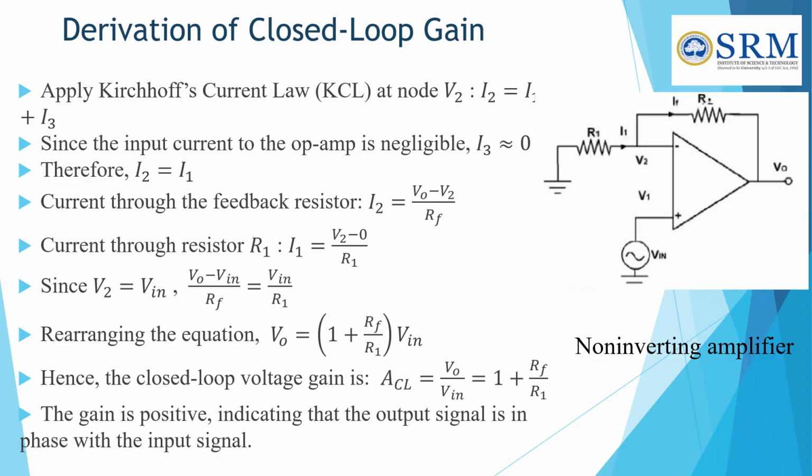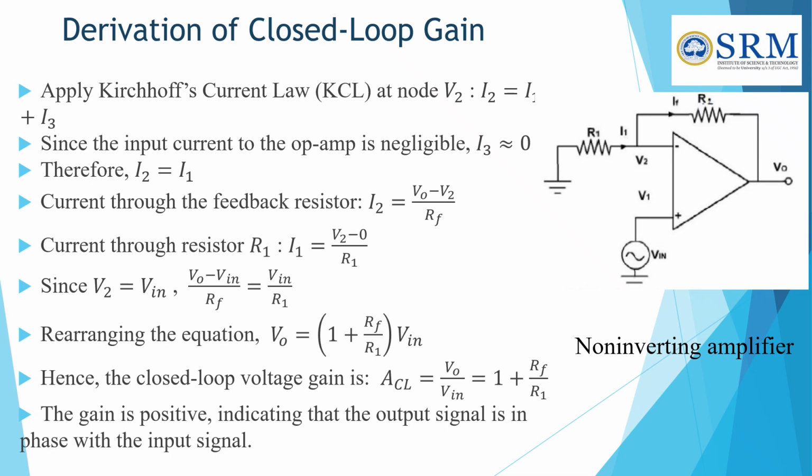Current through the feedback resistor can be found as I2 equal to V0 minus V2 by Rf. And current through the input resistance R1 is I1 equal to V2 minus 0 by R1. Since V2 equal to Vin, we substitute and get V0 minus Vin by Rf equal to Vin by R1.